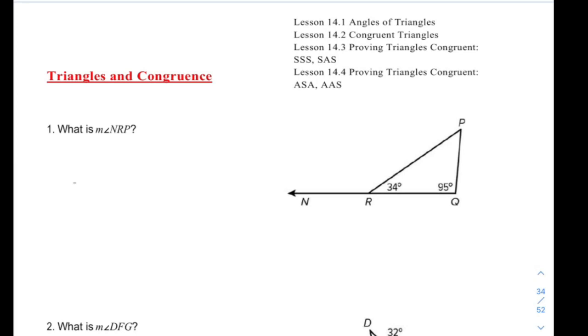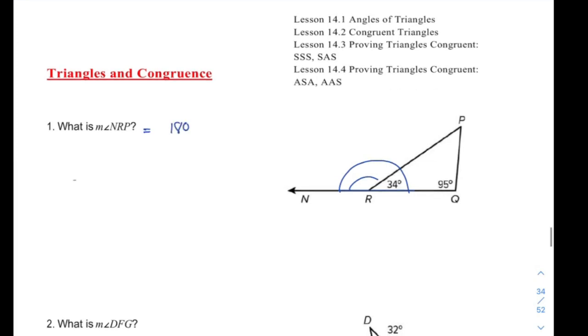So we are using the postulates of congruence. Now let's start. Question number 1. What is measure of angle NRP? NRP is this one. Of course, these angles form linear pair, so directly you can say that they are forming 180 degrees, so it is 180 minus 34, which is 146.